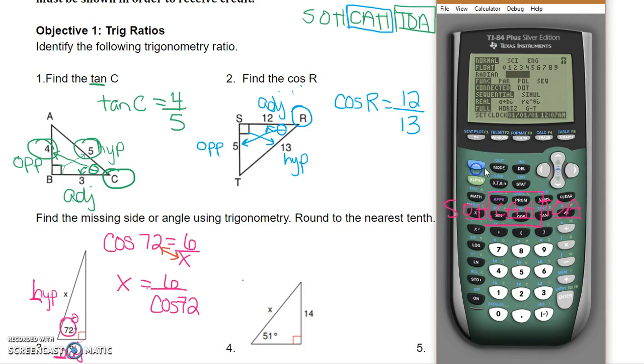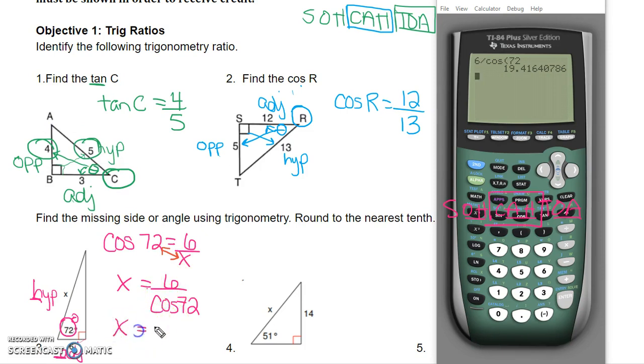And now I'm going to go back to the home screen, and type in 6 divided by cosine of 72, and I get my answer, 19.4. It does say round to the nearest tenth, so it's 19.4, and that's going to be my x.